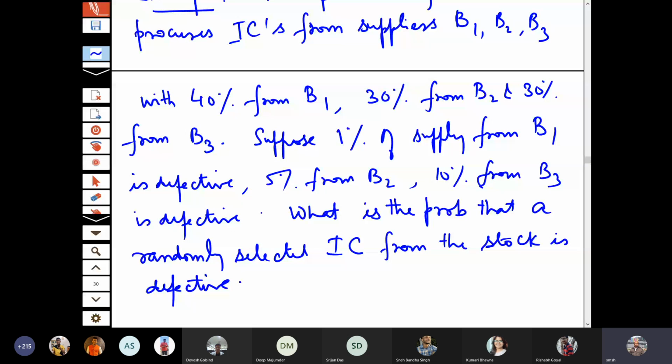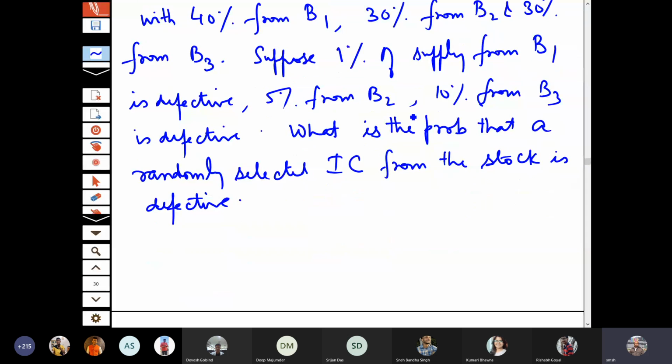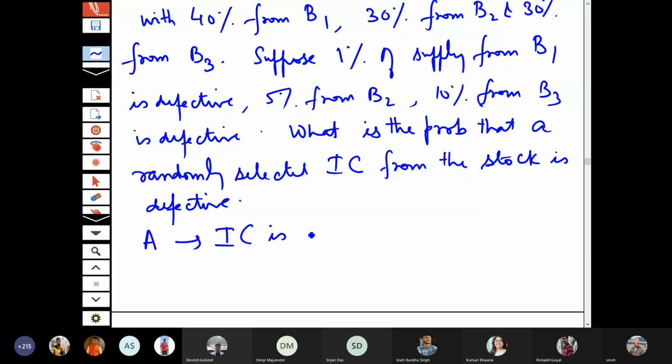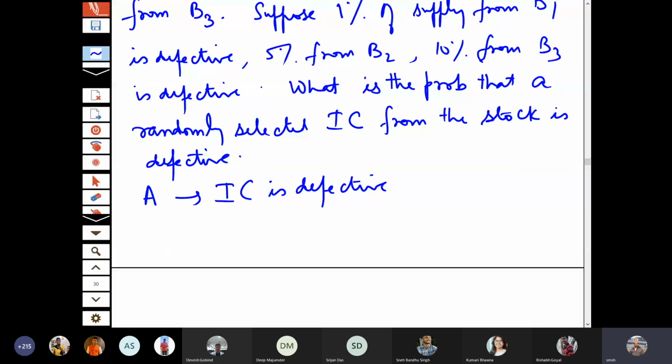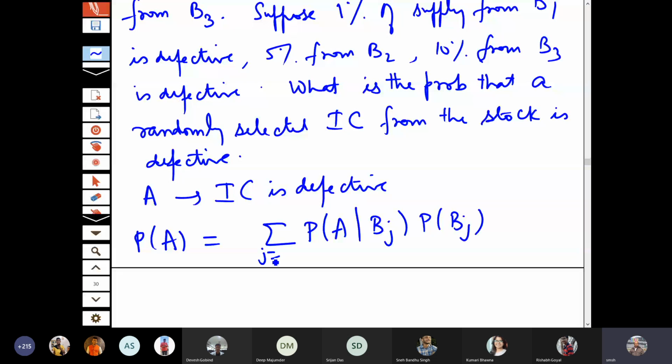This is a classical application of the theorem of total probability, because the total procurement is from three suppliers. So it can be defective if it is from the first one, it can be defective if it is from the second one, it can be defective if it is from the third one. So the total probability of defective, if A is the event that the IC is defective, is obtained in terms of these three, j is equal to 1 to 3.